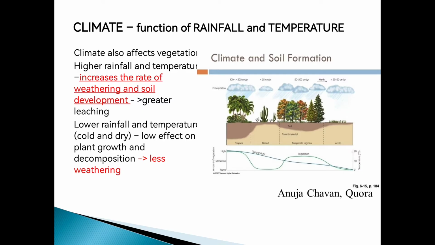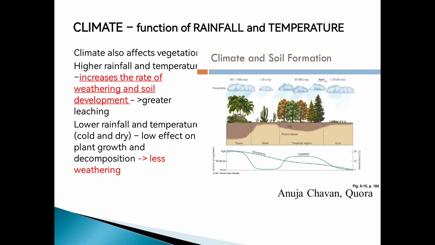Higher rainfall and temperature, pag maulan at saka mainit, increases the rate of weathering and soil development. Kasi there will be a greater leaching or downward movements of particles. It can be organic matter to the lower part of the soil.